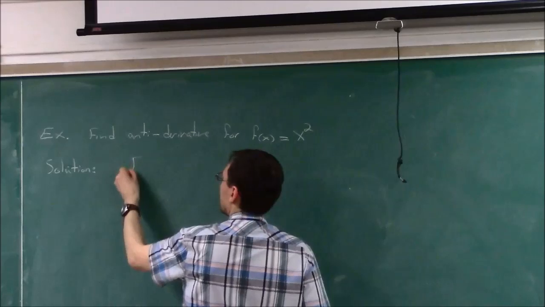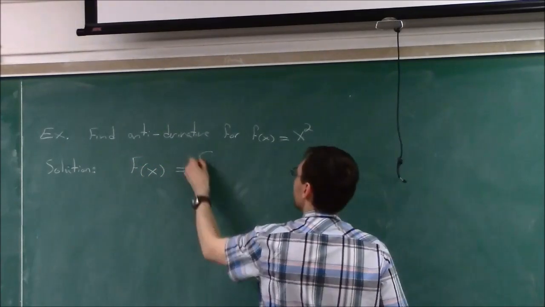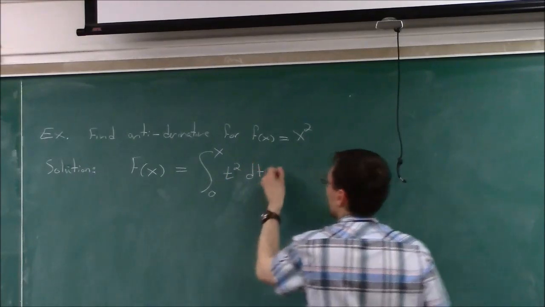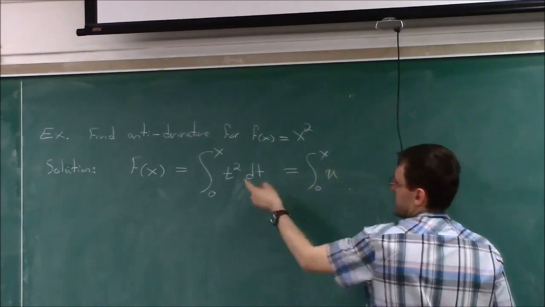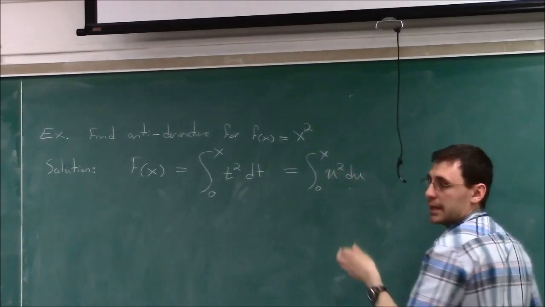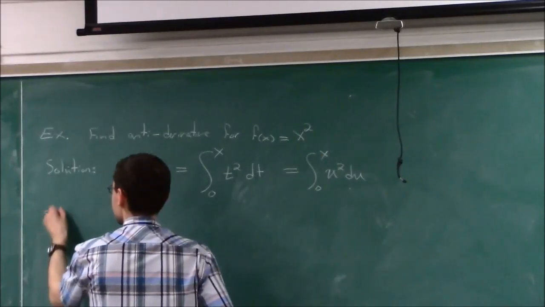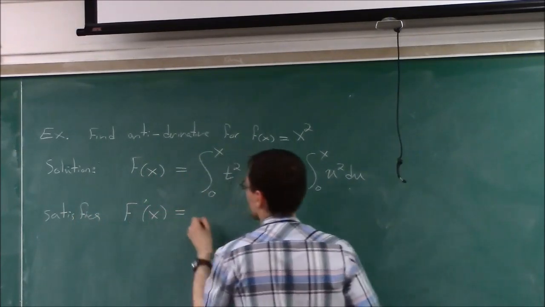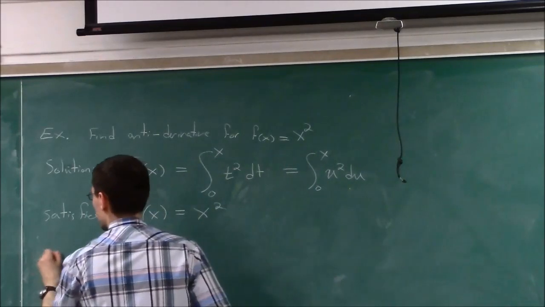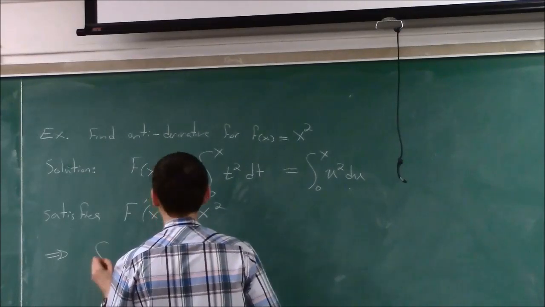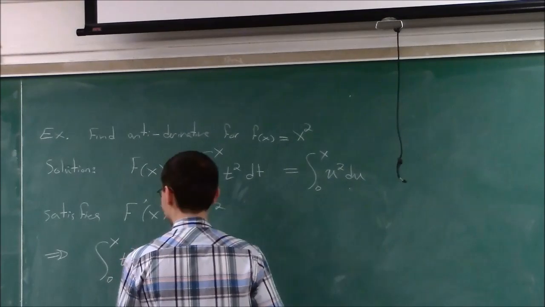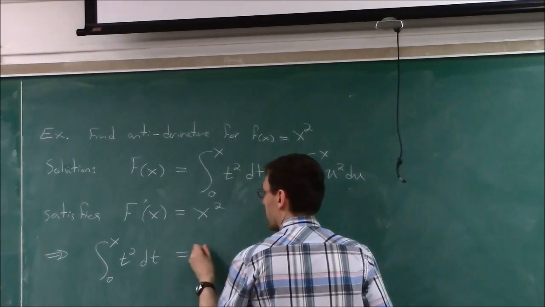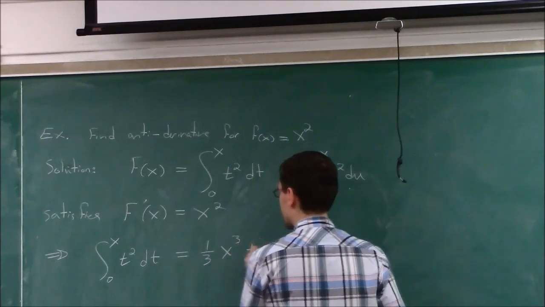We observe that if I take capital F of x equal to, let's say, 0 to x of t squared dt, which is the same thing as 0 to x of u squared du, since t is just a dummy variable, anything other than x, it satisfies F prime of x equal to x squared, which implies that the integral from 0 to x of t squared dt, because we know all antiderivatives are of a particular form, must be of the form 1/3 x cubed plus c.